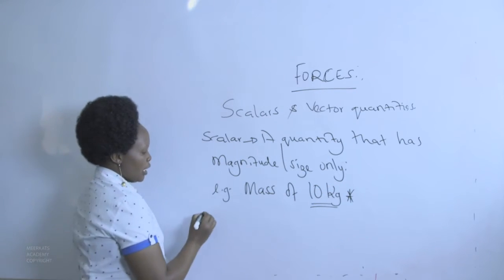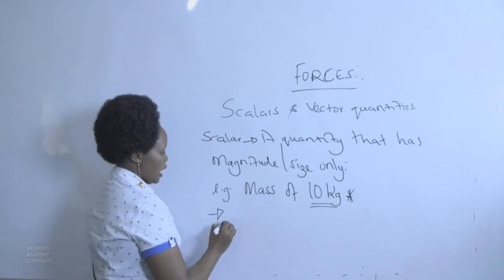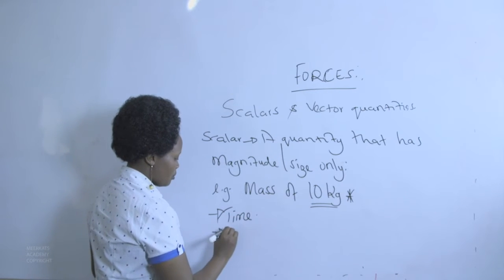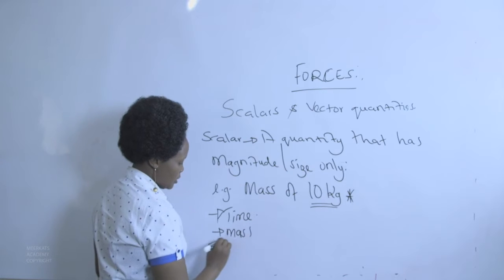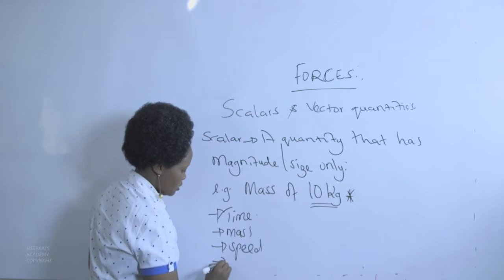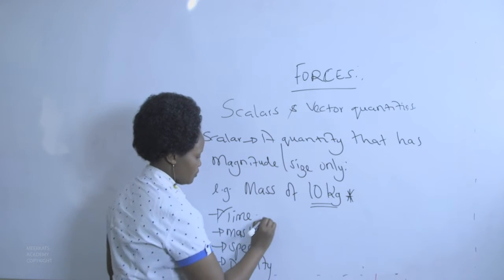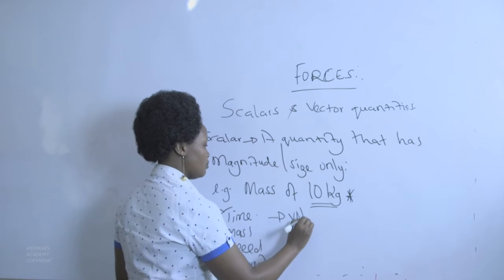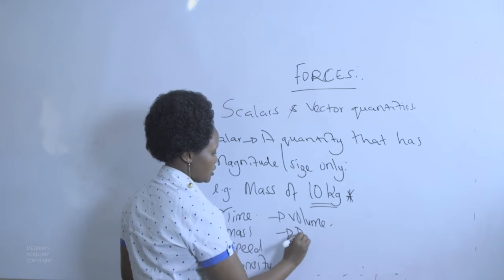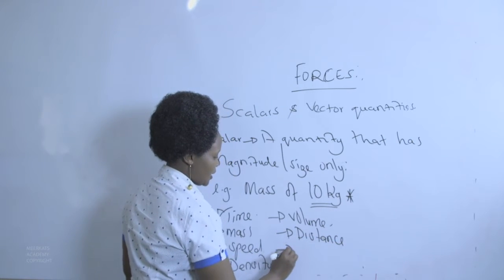Now, I gave examples, and just to recap, I'll give time, mass, speed, density, volume, distance, and length.